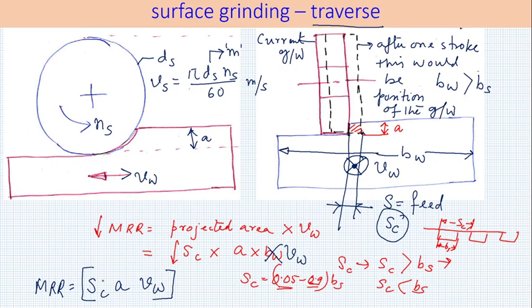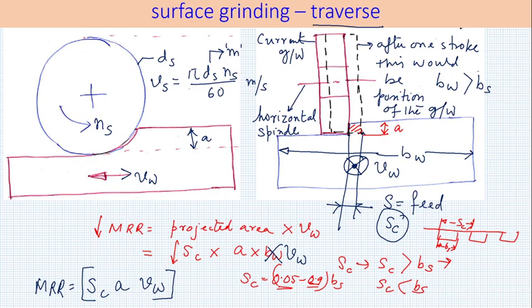So what we have done thus far: I have discussed different classifications of grinding, how the grinding process should be classified, and then I am dwelling on grinding processes to generate flat surfaces. Only one kind of surface grinding I have talked about. All those surface grinding operations that I have done have a horizontal spindle.